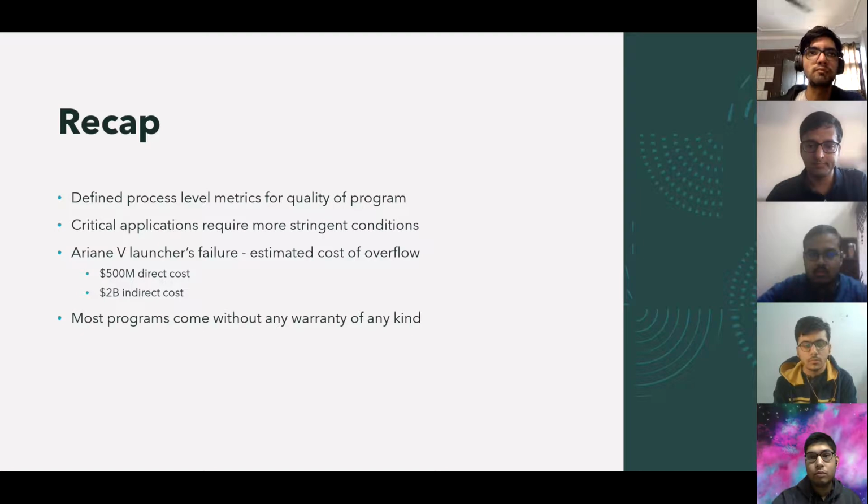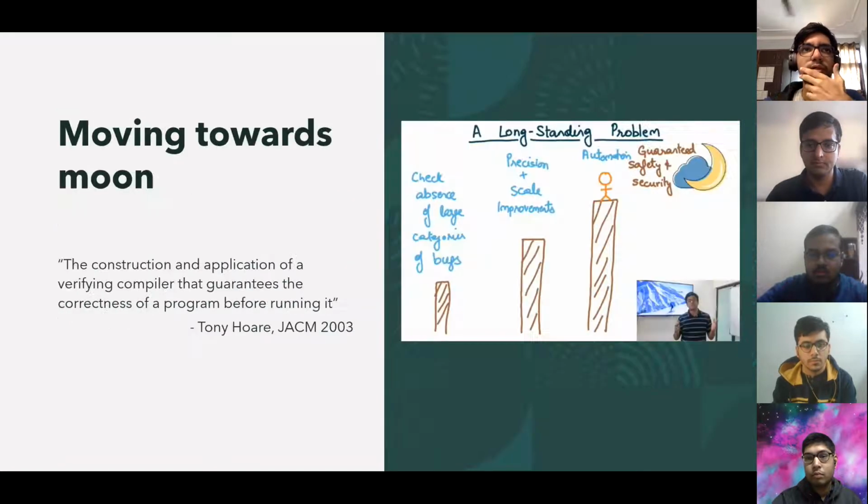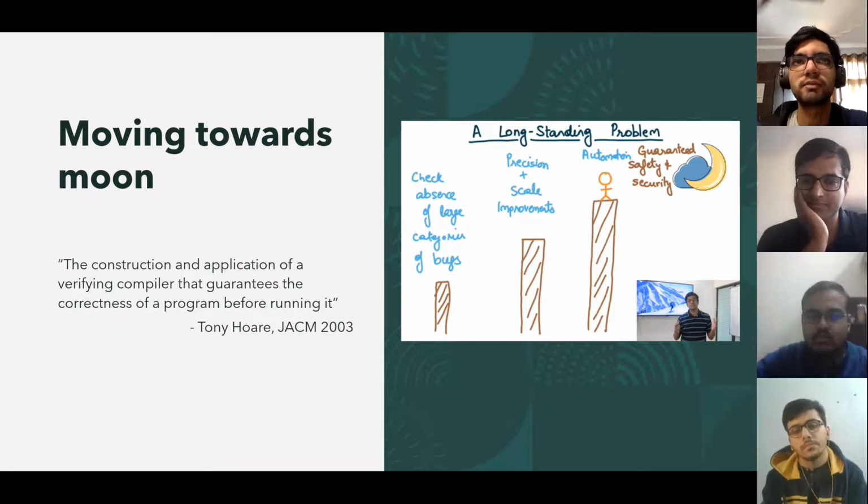But most programs don't come with any kind of quality assurance, because it is very hard to say that the program is correct and will always perform correctly. So what we are trying to do is a kind of moonshot goal to guarantee safety and security in all the software that we make.